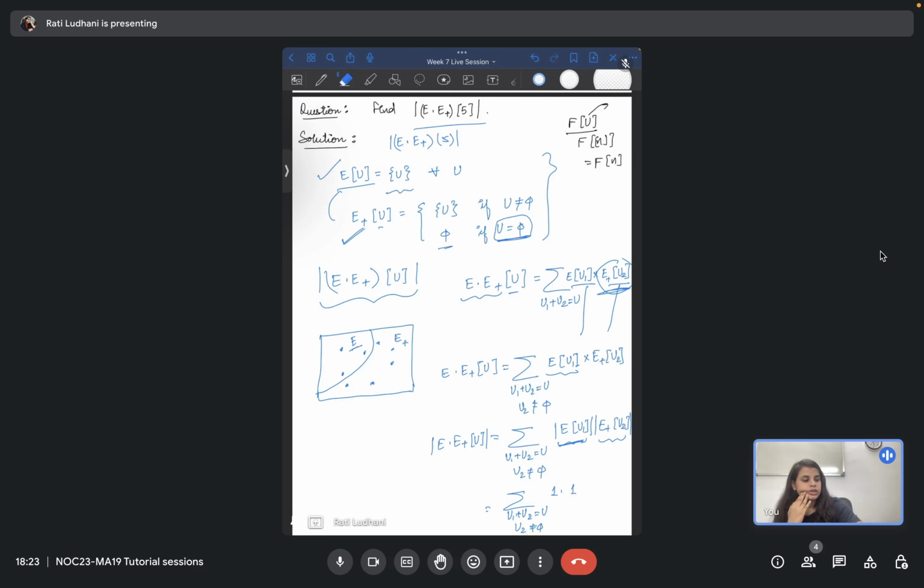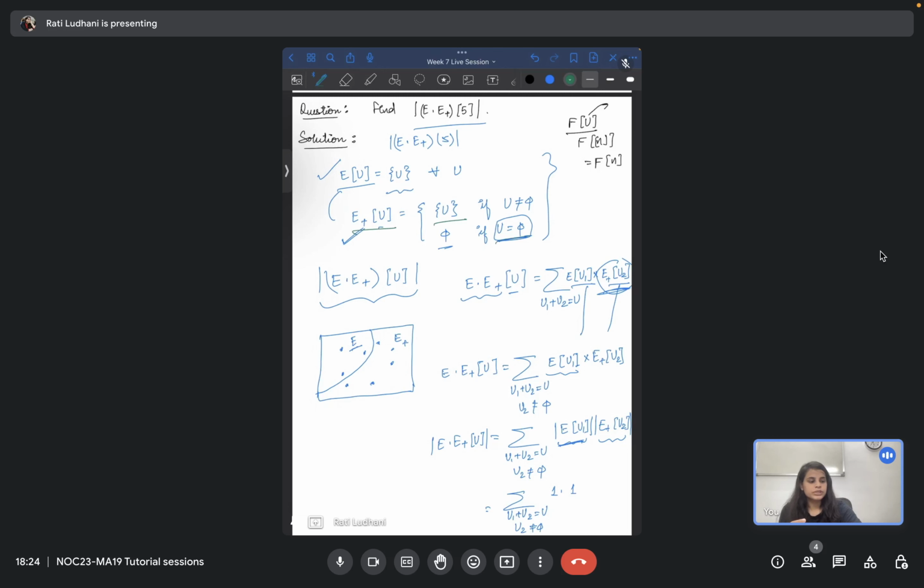For that, what is E? Just to recall, E of U is the singleton set. Never think that the cardinality of U is considered here, because it's just one set. So there is only one E structure on every set U. And E plus of U is the singleton set if U is non-empty, and this is phi if U is equal to phi. So what is the difference?